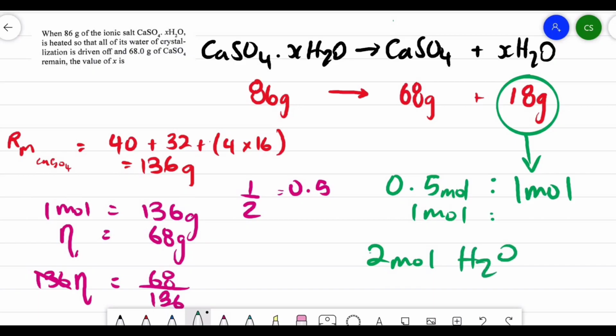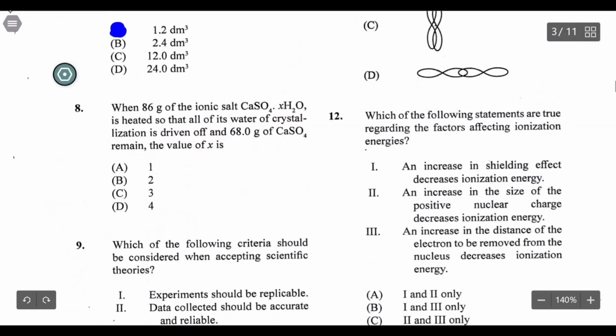So the water of crystallization for this would be CaSO4 dot 2H2O. So yes, the value of X is 2. So the answer for number 8 would be B.